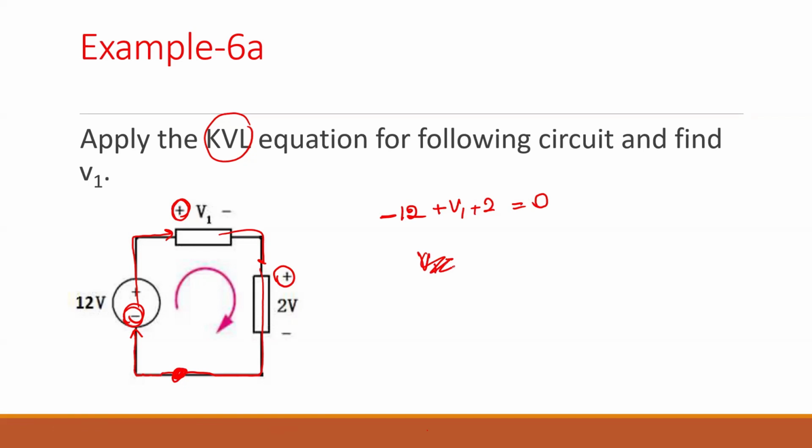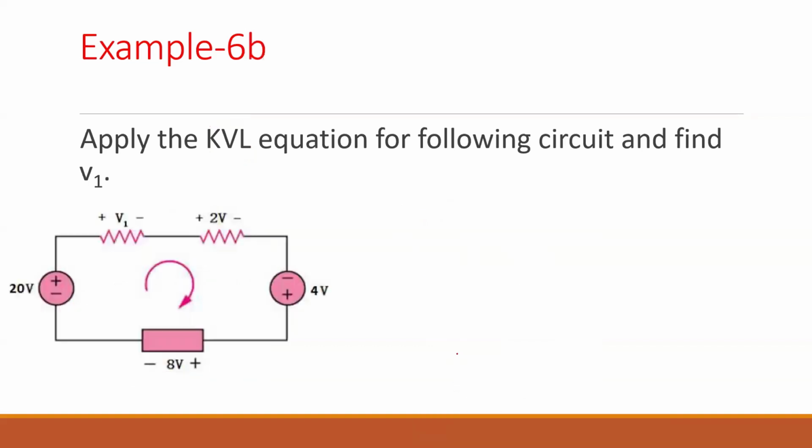What is V1? So minus 10 plus V1 is equal to 0. So V1 is 10 volts. Agree? Okay, I want you to do this one now and find me V1.